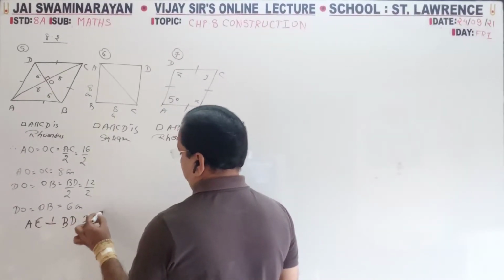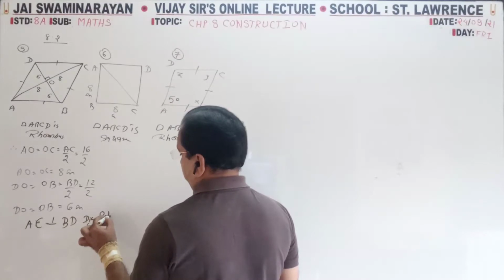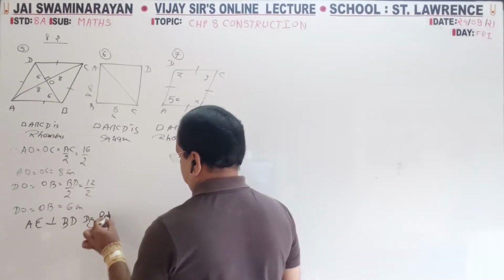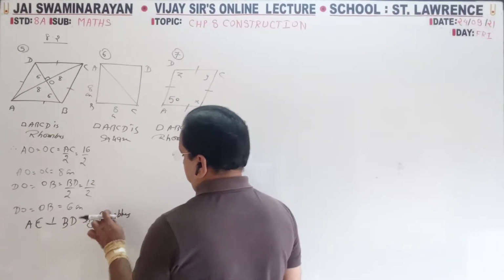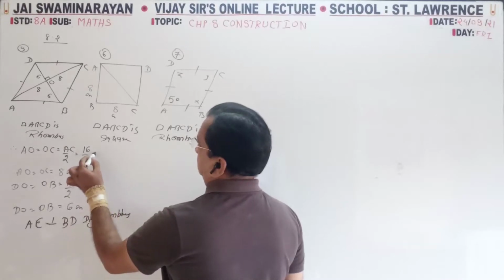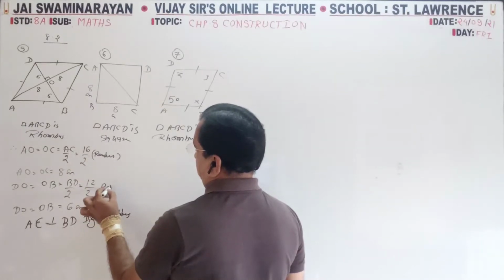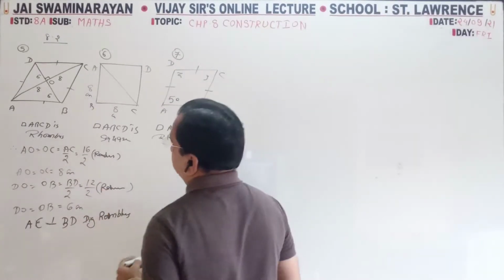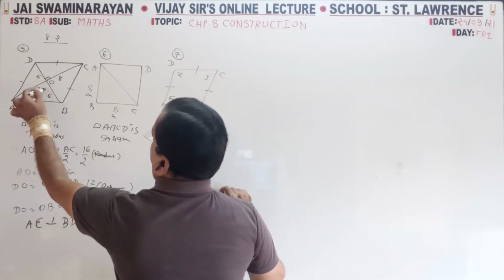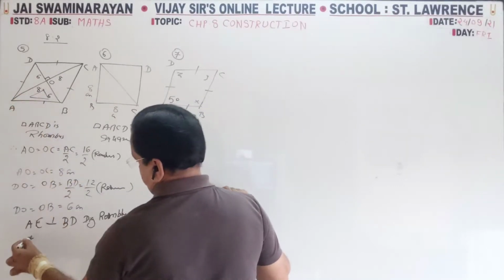Diagonals of rhombus. Right, in short. Okay. Now I will take this right angle triangle.